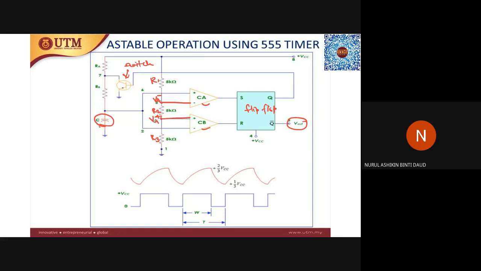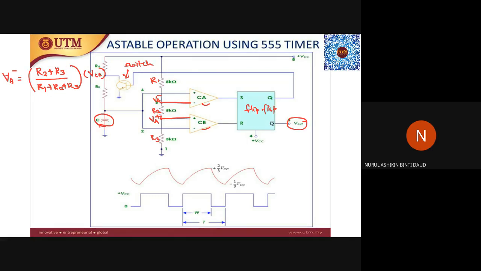Let's calculate the value of VA plus and VA minus. For VA minus, it will be R2 plus R3 over R1 plus R2 plus R3, times the value of VCC. How did I get this?